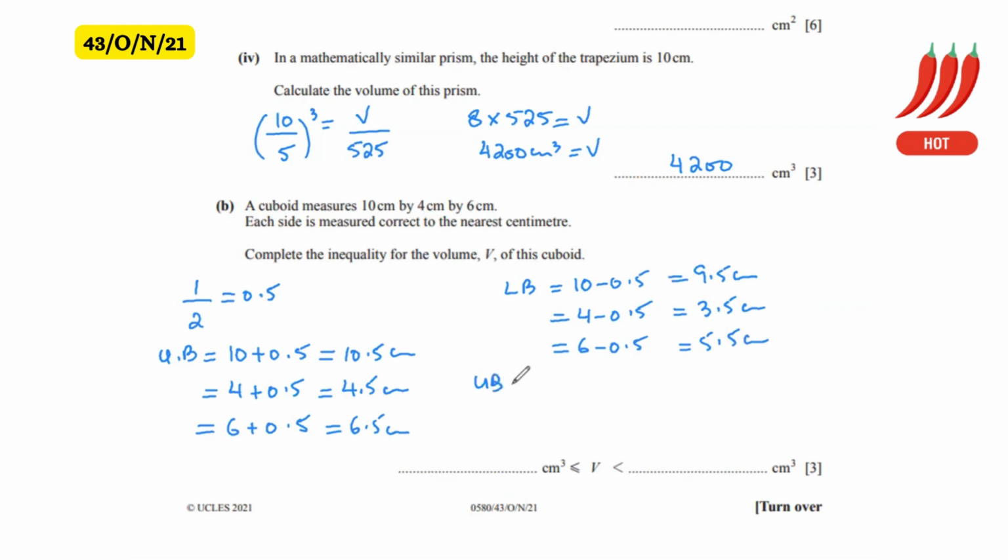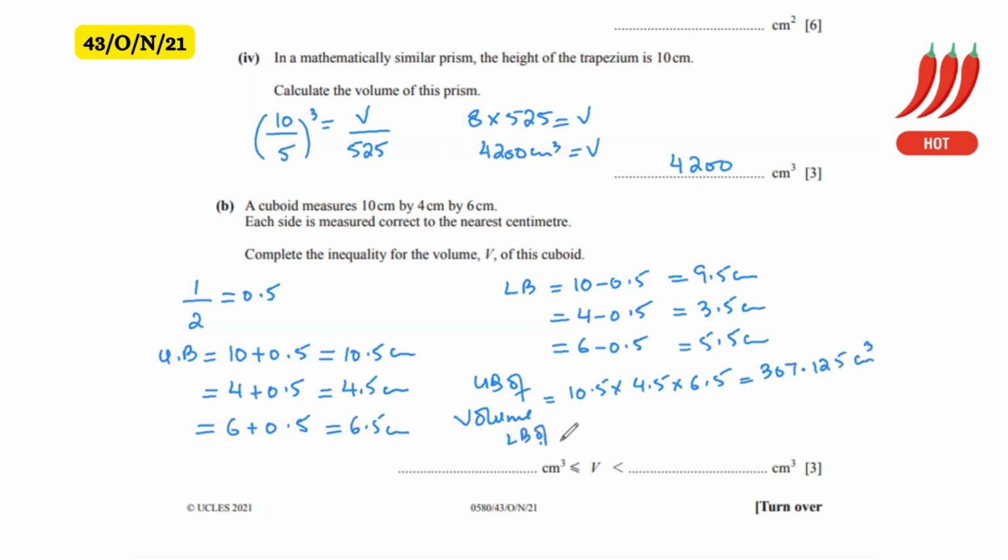So upper bound of volume would be 10.5 times 4.5 times 6.5, which is 307.125 centimeters cubed.